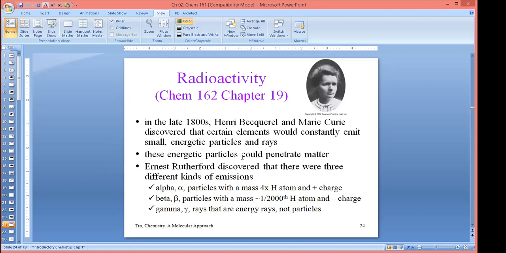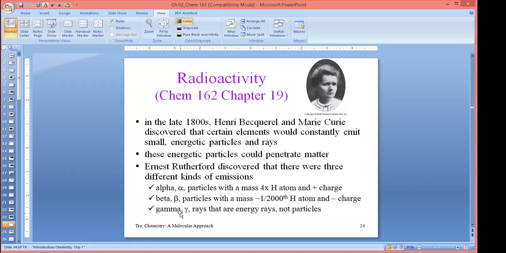Rutherford's also a name you'll see, and you needed radioactivity for some of the future experiments they outline. An alpha particle is a hydrogen atom that has positive charge. The beta particle, which you'll probably see in Chem 162, is basically just an electron, the 1/2000th of the hydrogen they were seeing before.